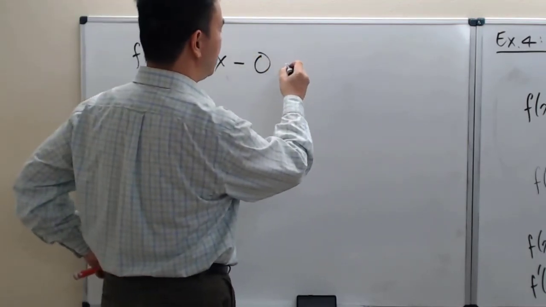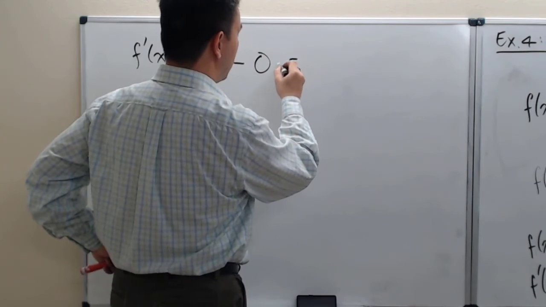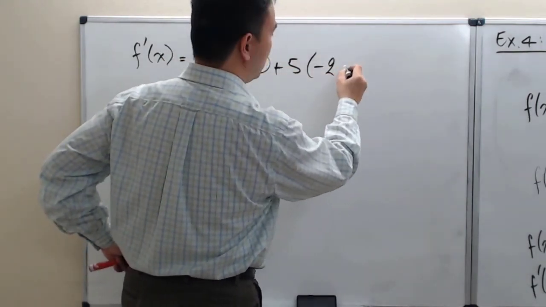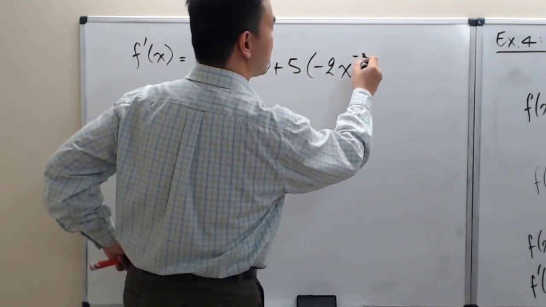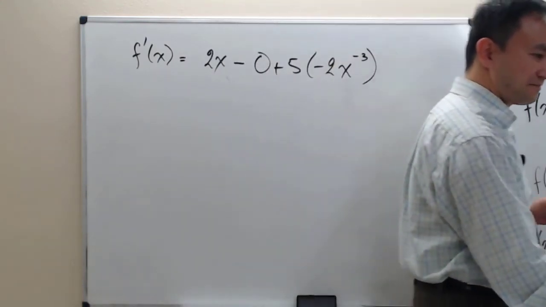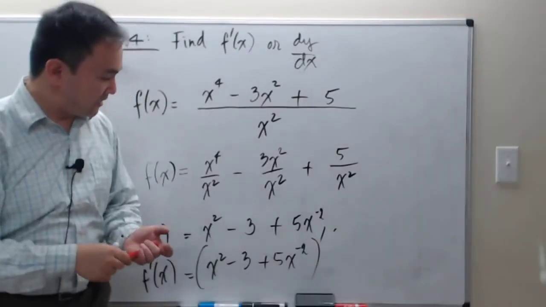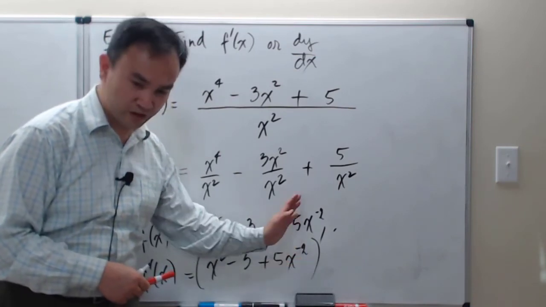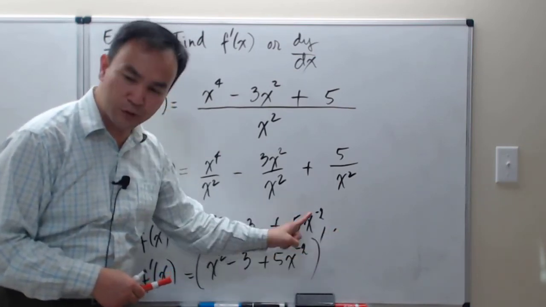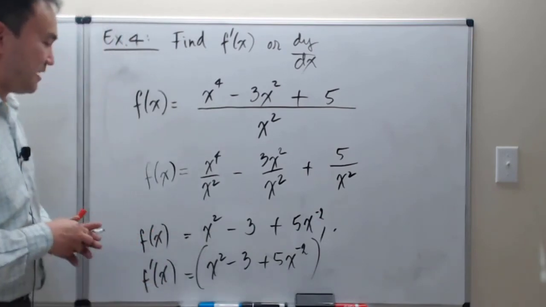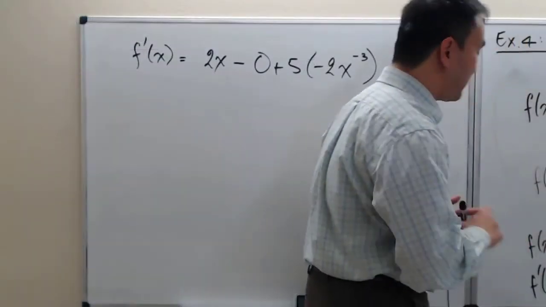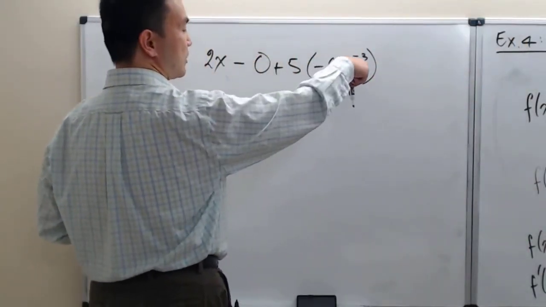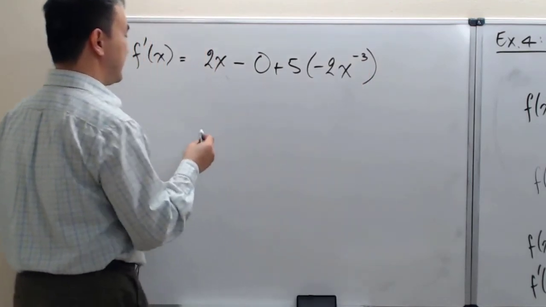The last term becomes, well, let's keep that 5 there, minus 2x to the negative 3. Remind yourself that in the beginning the power was a negative power, but when you take that derivative, it's minus 2 minus 1. And so in this case, minus 2 minus 1 gives me a final power of negative 3.